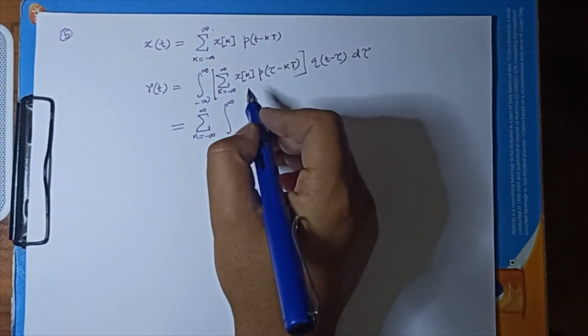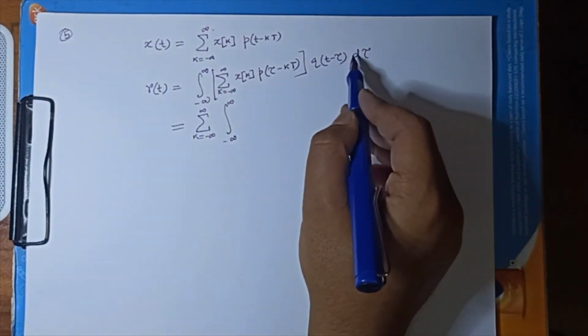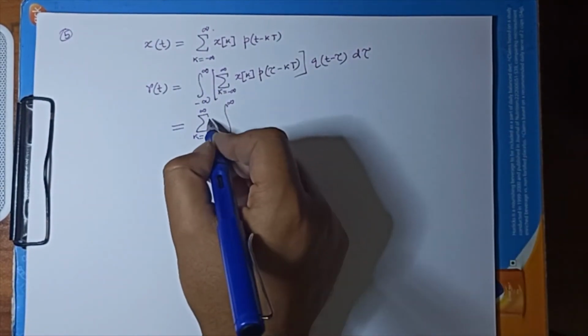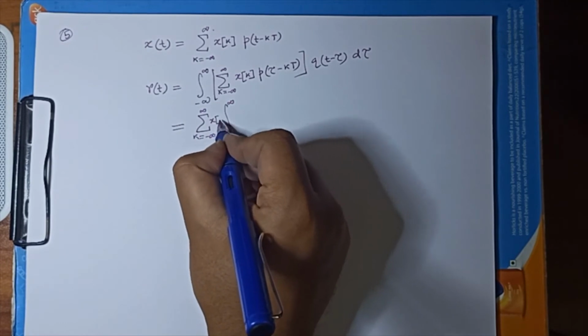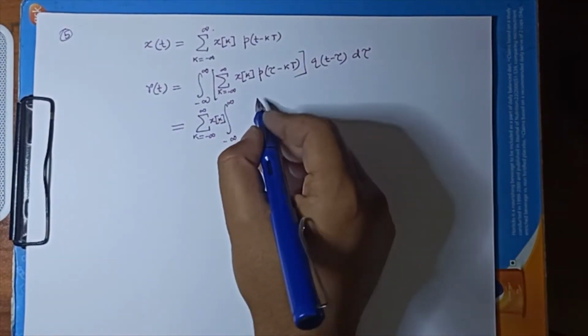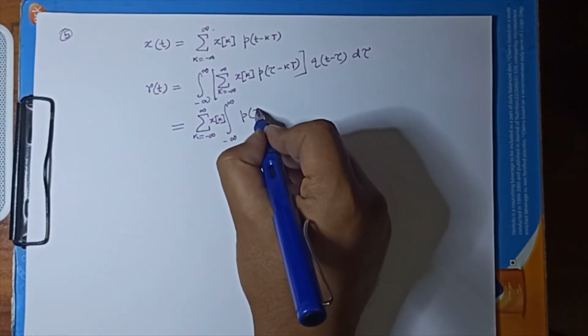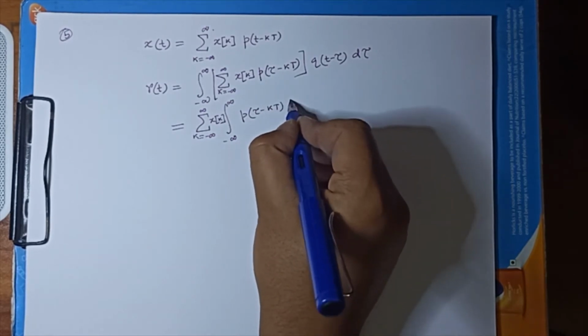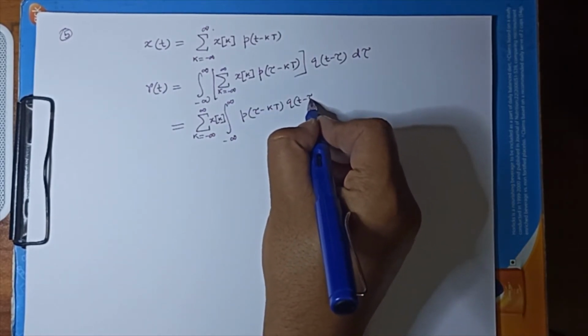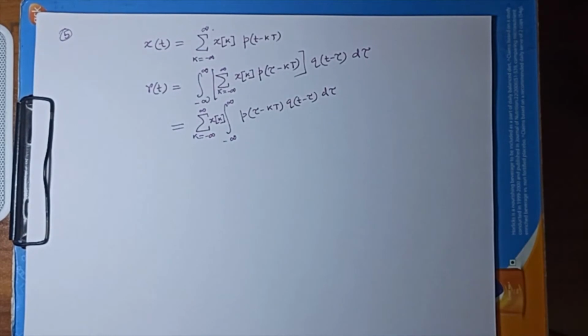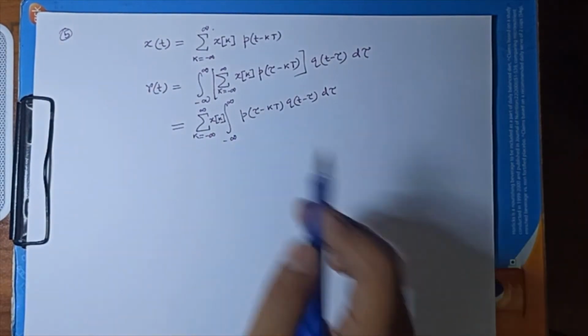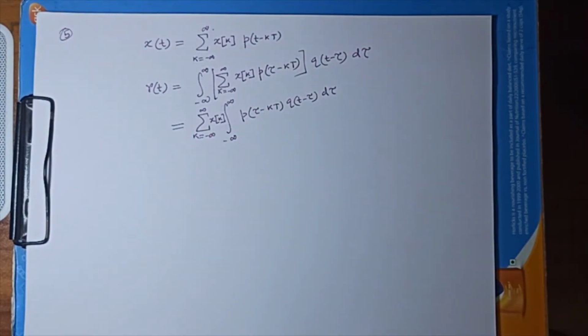If I do this, you can see that this integral will have only d tau, so there is no k. So I can take the xk outside, and what will be inside the integral? It will be p(tau minus kT) q(t minus tau) d tau. So it is basically the convolution between p and q, and that result is delayed by kT.